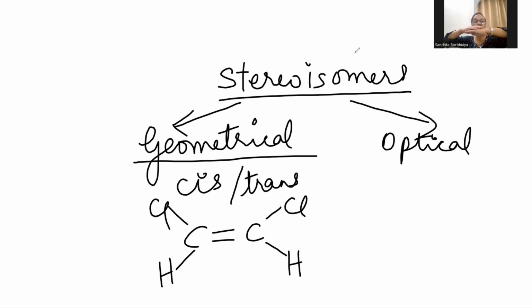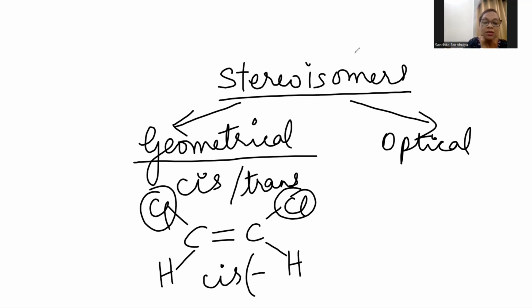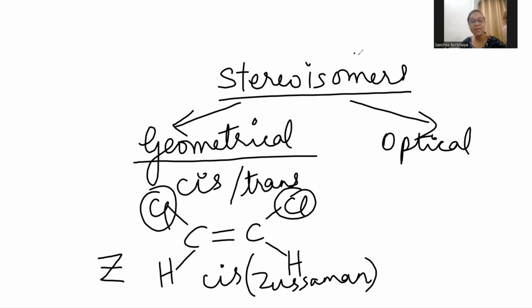If I have a double bond, this is above the plane and this is below the plane. So above the plane, I have similar groups. This similarity calls for cis. We have a German name for this, which is Zusammen. So the cis isomer is also called the Z isomer.